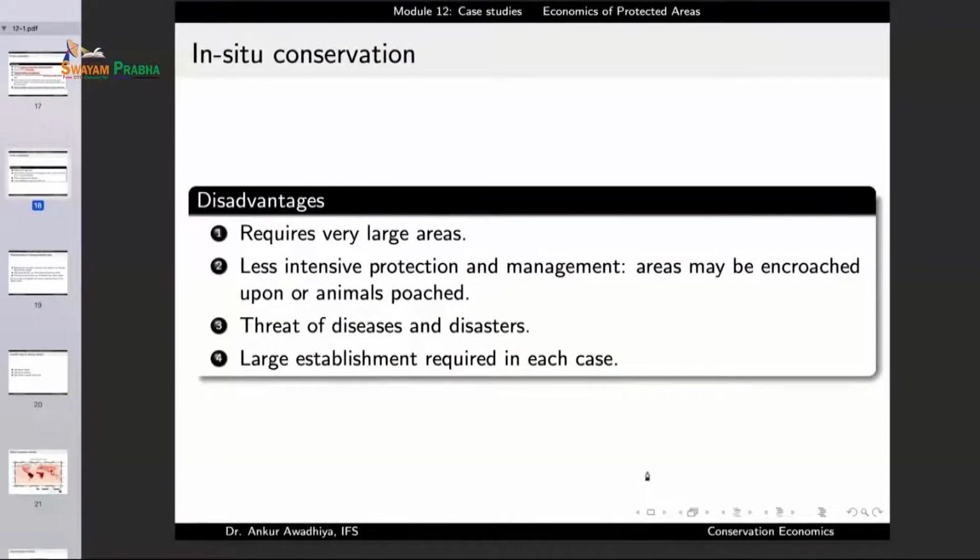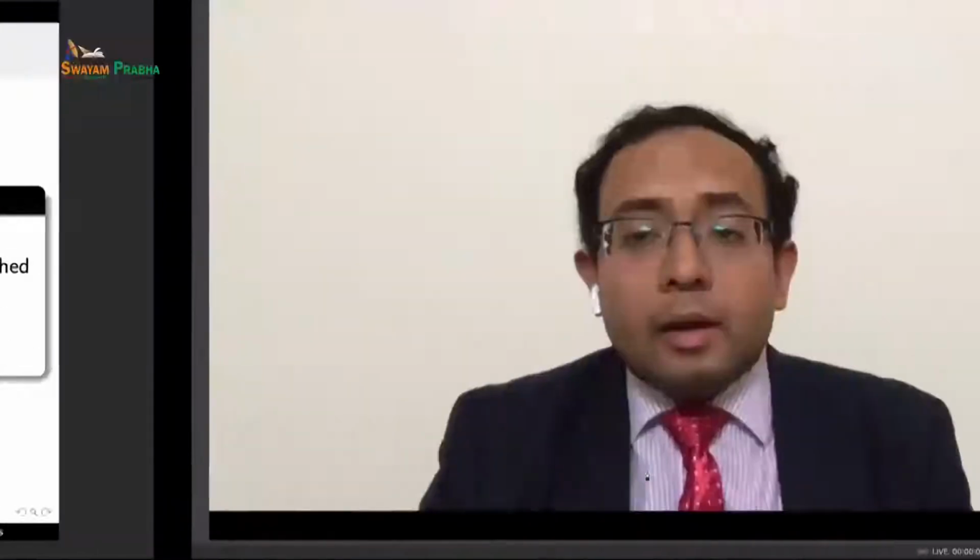There is less intensive protection and management because the areas may be encroached upon or the animals may get poached. Why? Because these areas are so large that it is not possible for you to man all of this area at all times. So it is possible that a poacher might get into a national park and kill a few of your animals, which is very difficult in the case of an ex situ conservation facility because you have erected huge walls.